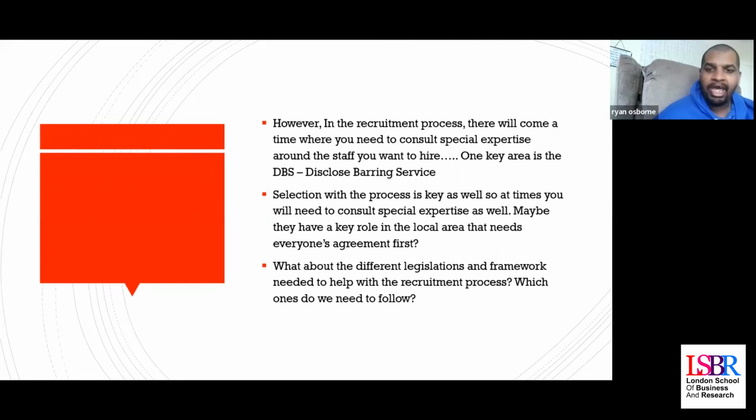But hey, it's still a real thing in this industry today. Basically the act protects people with certain characteristics, so that they will not be discriminated against and will have an equal opportunity to have an interview, go through the selection process, and possibly get the job as well.